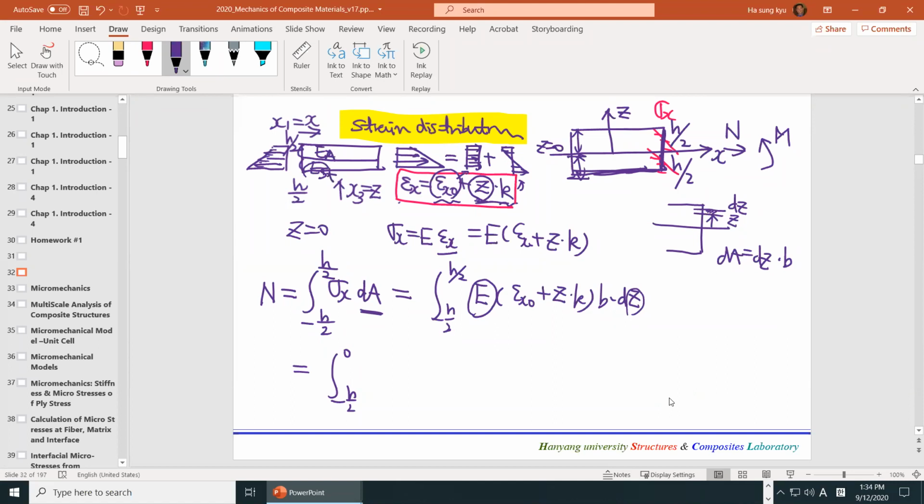Let's call the upper one aluminum. So Young's modulus E, let's call it E steel, times epsilon x0 plus z K, B dz, plus for the upper one we have E aluminum, from 0 to H over 2, epsilon x0 plus z K, B dz.